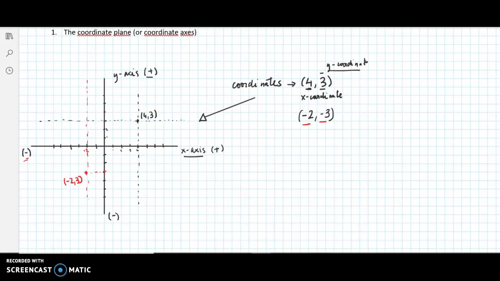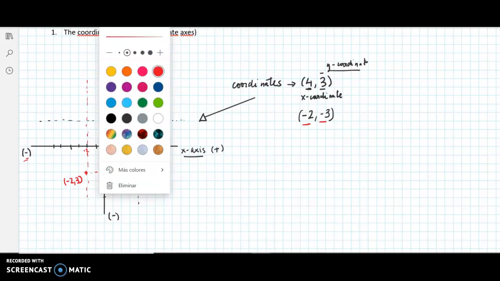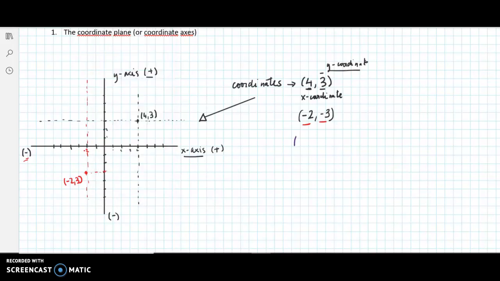Right. If you are now confident, you can look for the point directly. For example, you have to represent the point 3, minus 5. You go to the 3, mark the 3.